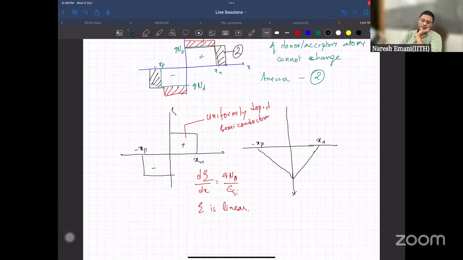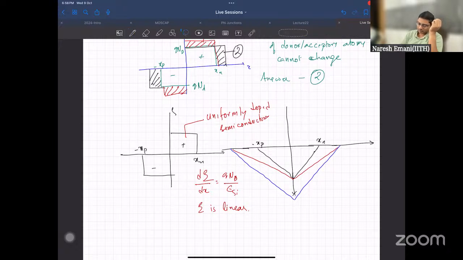Again, I'll give you two options. One option is the electric field looks like this. Another option is the electric field looks like this. Now, which is the right answer?